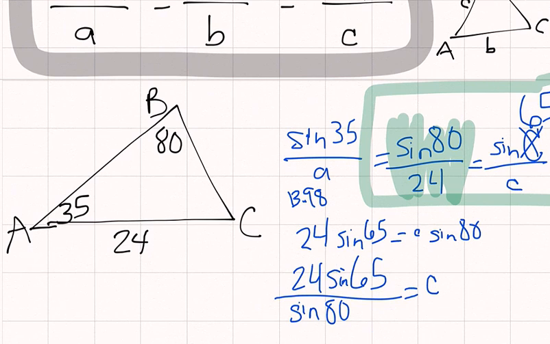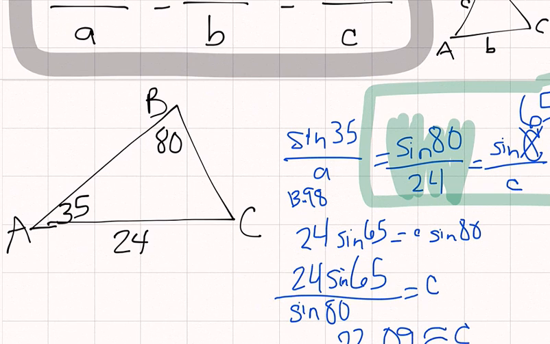Typing that in a calculator, making sure to use parentheses accordingly: 24 times the sine of 65, close my parentheses, divided by the sine of 80, is equal to 22.09, which is about equal to C.